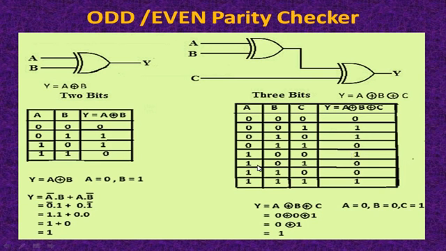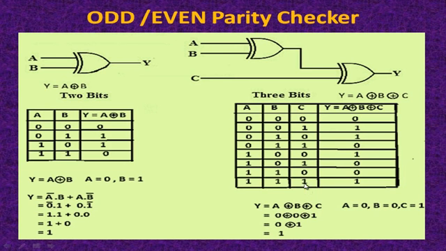Now let us check other possibilities. Here again two inputs are high, so in a similar way, like the fourth case, the output is also 0. Now let us consider the last case, 1 1 1, means A is 1, B is 1, C is 1. So 1 XOR 1 will be 0 because both inputs are the same, and again by taking C as 1, means 0 XOR 1.